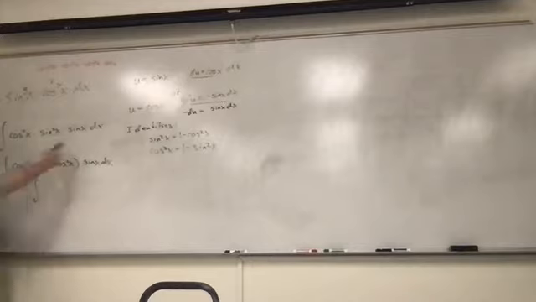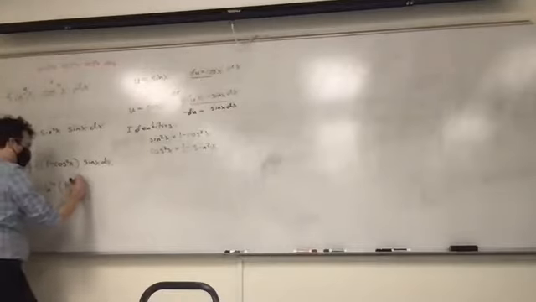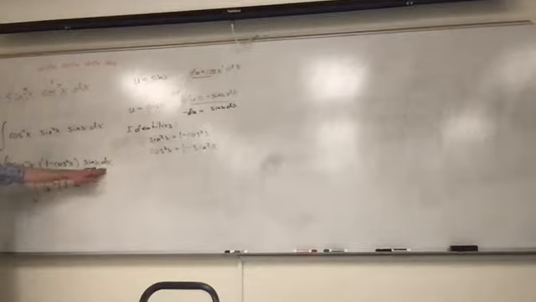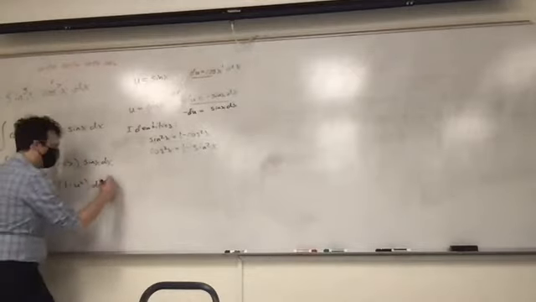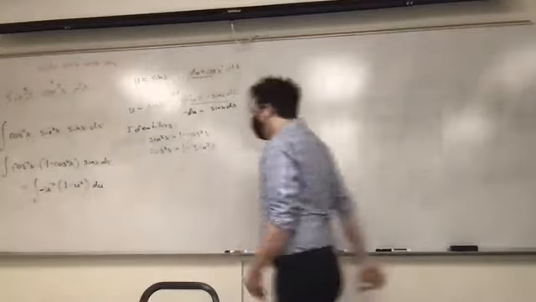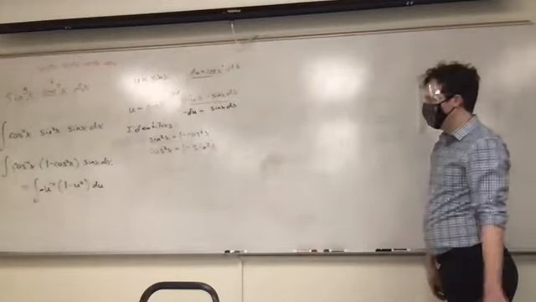So cosine to the 7th is now u to the 7th. 1 minus cosine squared is now 1 minus u squared. This sine x dx gets a du. And then there's a negative sign we have to put somewhere. I'll just multiply it in front here, just to put it somewhere.